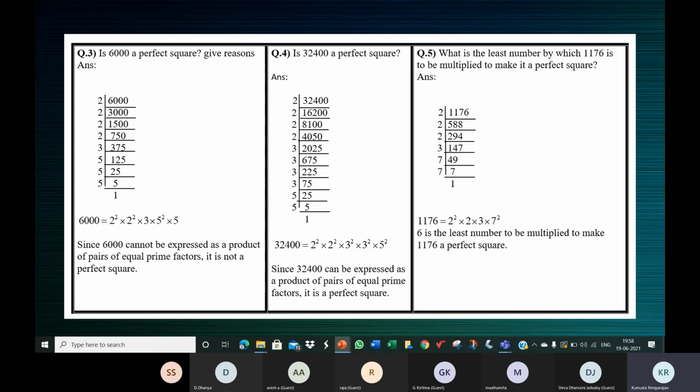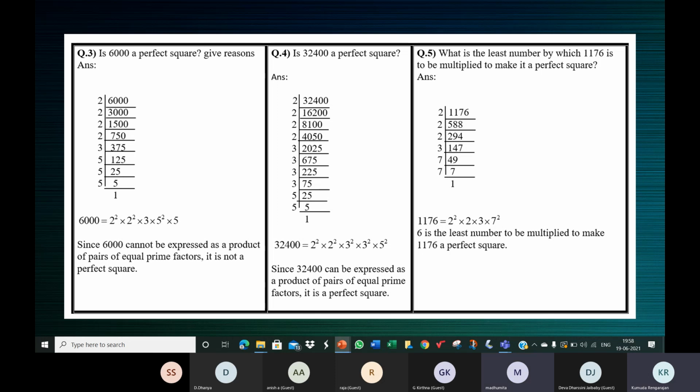Now the question is, is 21,175 a perfect square? Give reasons.